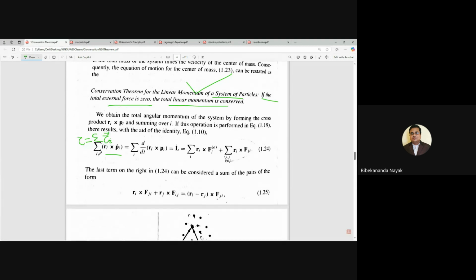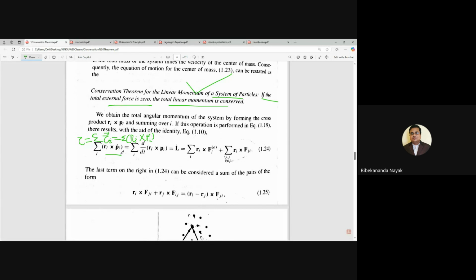But tau is equal to r cross F, so summed over r_i cross F_i. But F is equal to p_i dot. So I can write the total torque as the sum over r_i cross p_i dot.